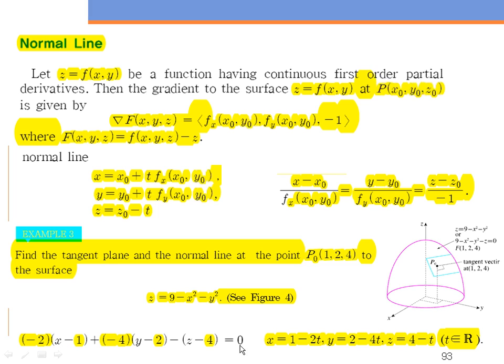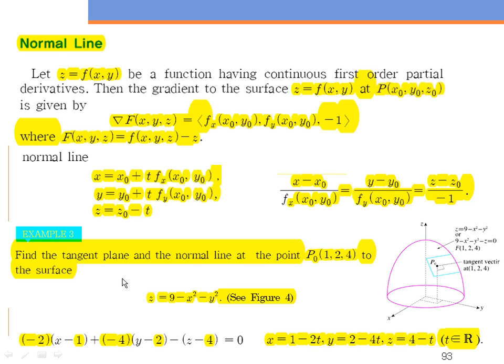Like you see, this is a surface, and this is the equation of the tangent plane that you see here as blue lines on it, which is obtained at the point 1, 2, and 4. The partial derivatives are minus 2, because the partial derivative of capital F with respect to x is minus 2.